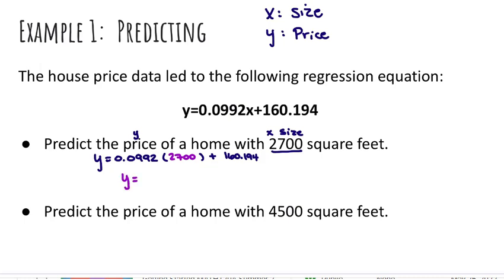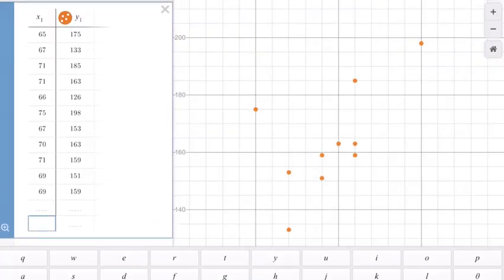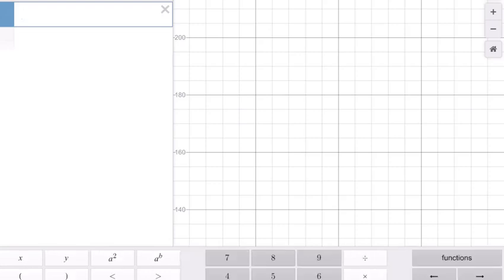So we'll go to DESMOS, and we will do 0.0992 times 2,700 plus 160.194.